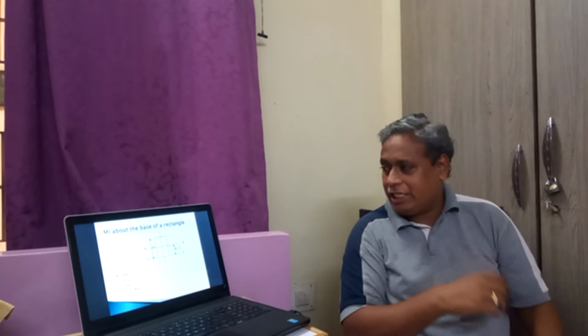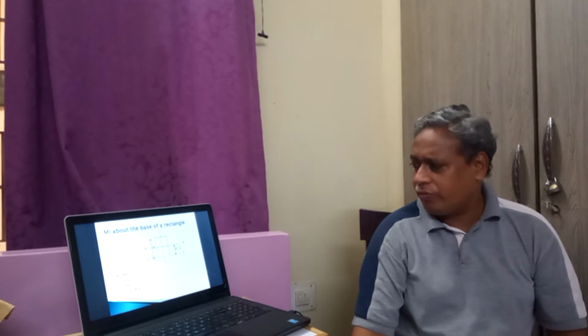Let us find the moment of inertia of a rectangle about its base. So we know Ixx about the centroidal axis in the x direction is bd cube by 12. Now we want to find the moment of inertia at the base. That means the distance between the centroidal axis and this base is d by 2.